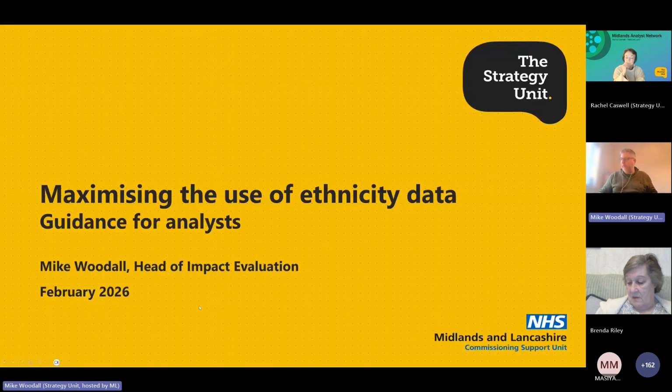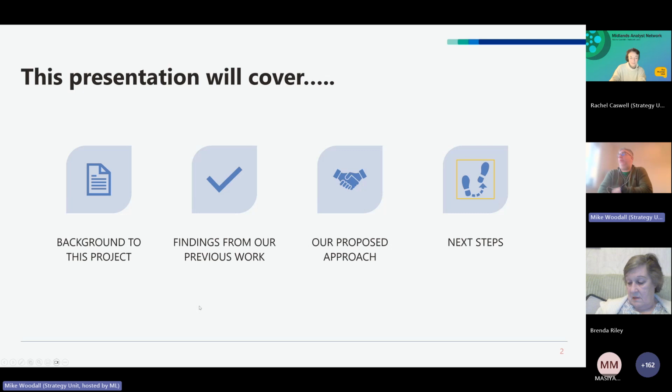Let's see if I can make my slides move. So what I'm going to do is talk you through some of the background to what this project is and why we're doing it, the findings from our previous work, so the elements that we looked at in terms of data quality and ethnicity recording across health data sets, and our proposed approach, and that's what I really want some feedback on.